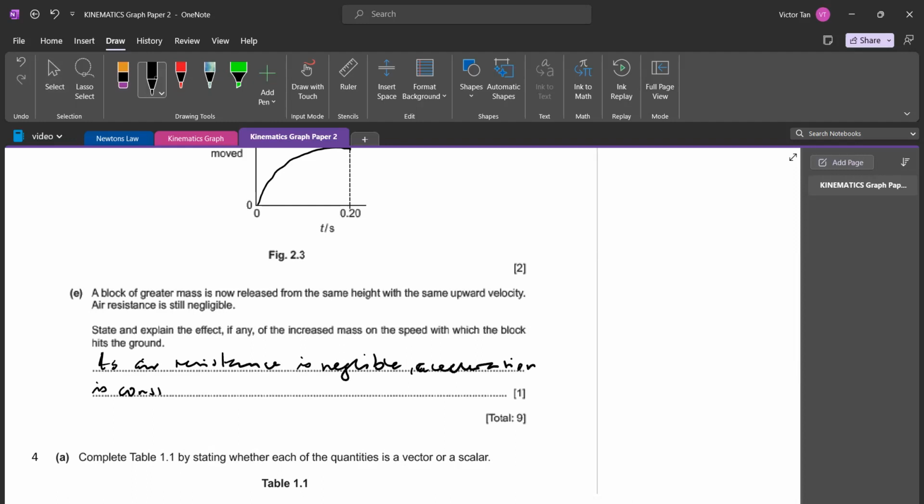It is constant, and the increase of the speed will be the same, and the speed will be the same.